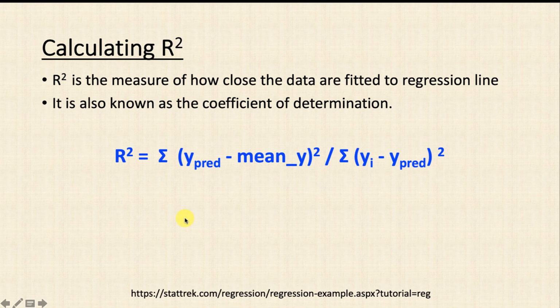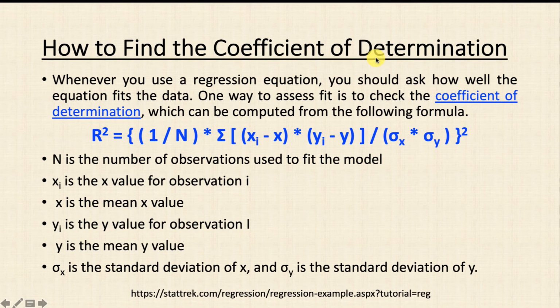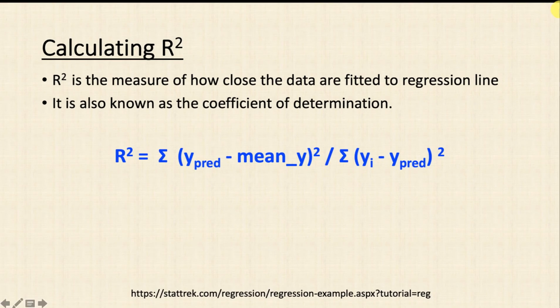Now, how can you fit the regression line? This is very important, right? There are so many algorithms. I have covered the R-square algorithm here, and then the coefficient of determination algorithm. With these two, you will find the value of R square.